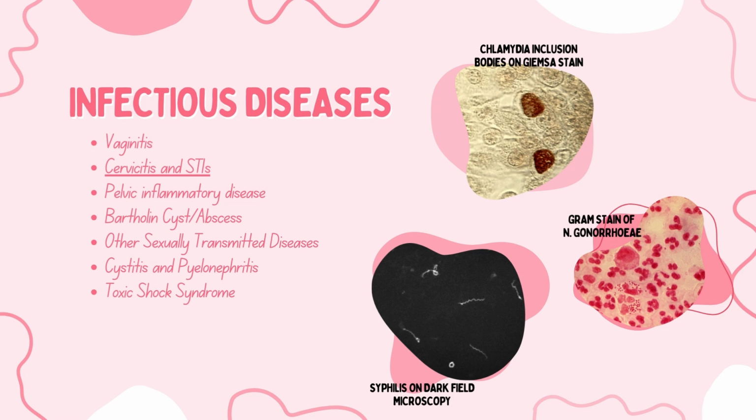Screening. So, it is recommended that there is a yearly screening for chlamydia and Neisseria gonorrhea in all sexually active women under the age of 25. And then for women who are over the age of 25, it's recommended for annual screening for only the women who are high risk.